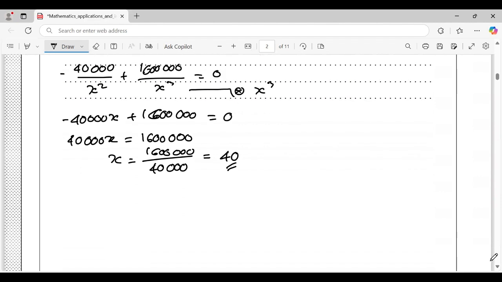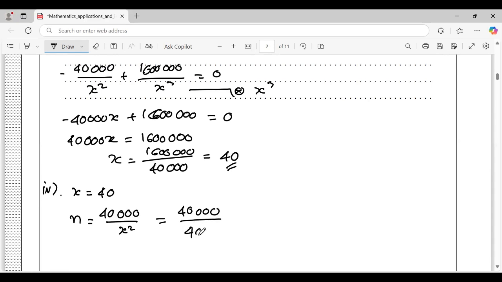We just substitute x equals 40 into the equation for the number of smoothies, 40,000 over x squared, which is 40,000 over 40 squared, 40,000 over 1,600, which is 25.